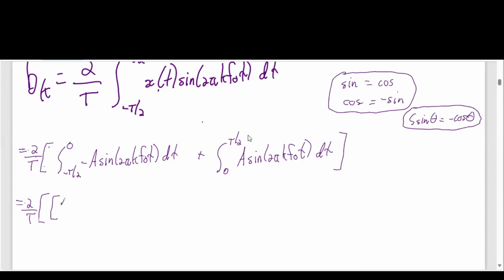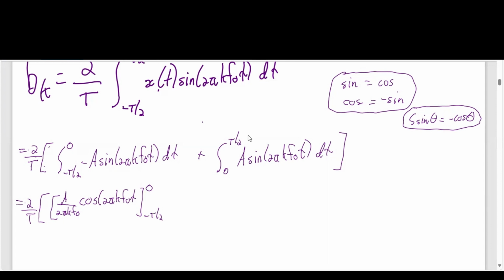And then you have A divided by the differential of whatever is inside with respect to t. That'll be 2 pi k f naught, and cos of 2 pi k f naught t, between the bounds of minus T on 2 and 0. That's moving very slow.